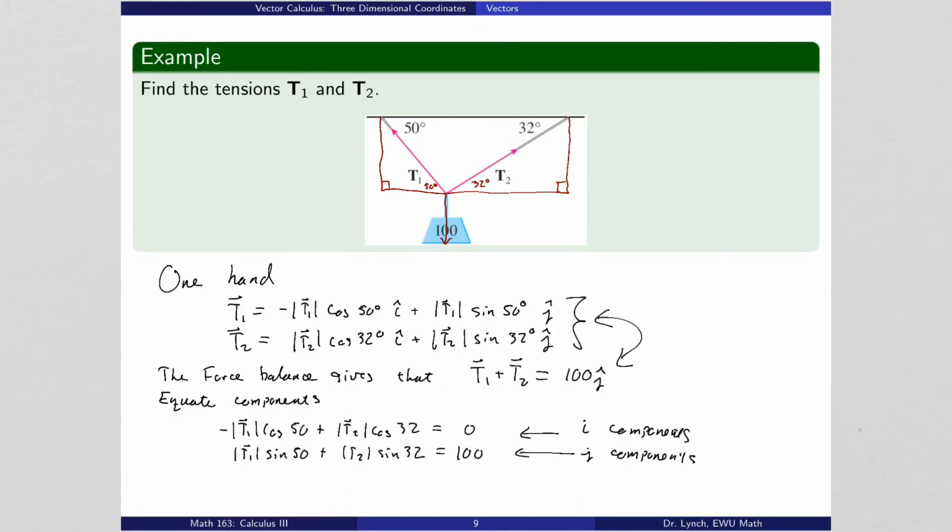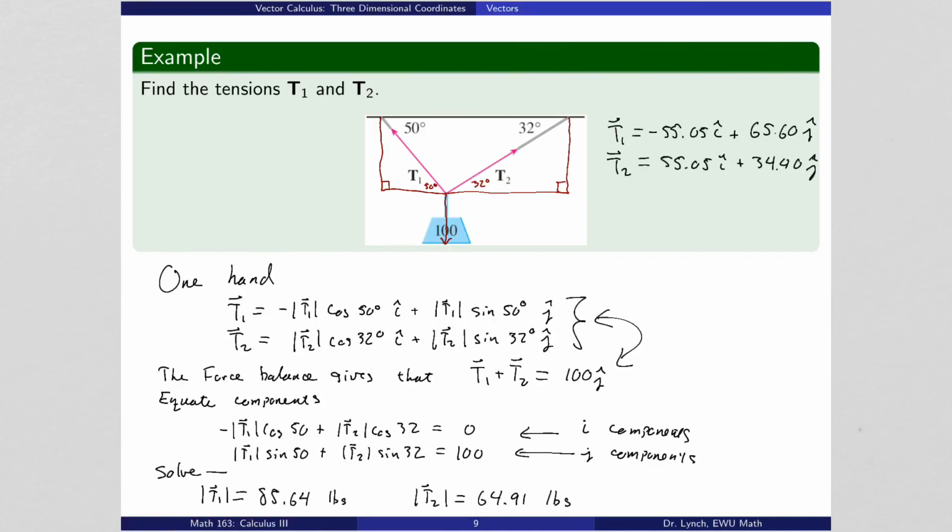Just sum those vectors T1 and T2, equate the i components to 0, equate the j components to 100, and now we have two equations in two unknowns for the magnitude of T1 and the magnitude of T2. These are pretty quick to solve. Use your favorite method for solving two equations in two unknowns, and we can find the magnitudes T1 and T2 quickly.